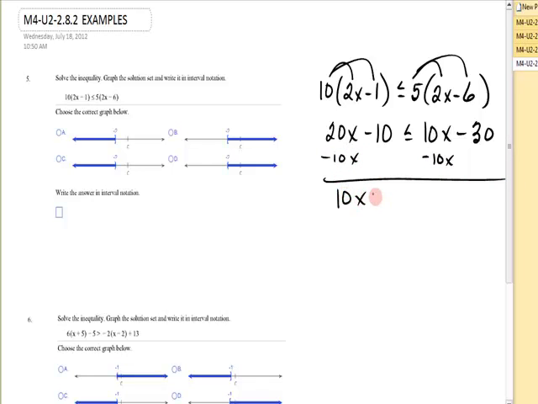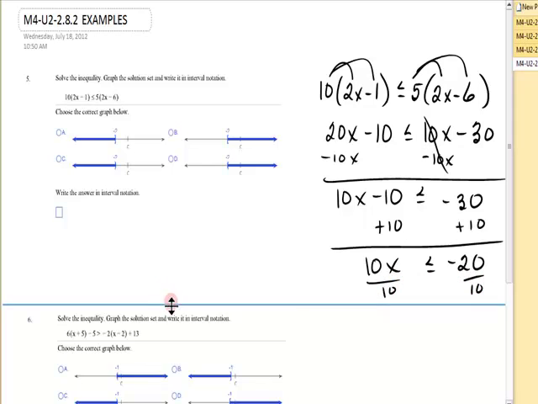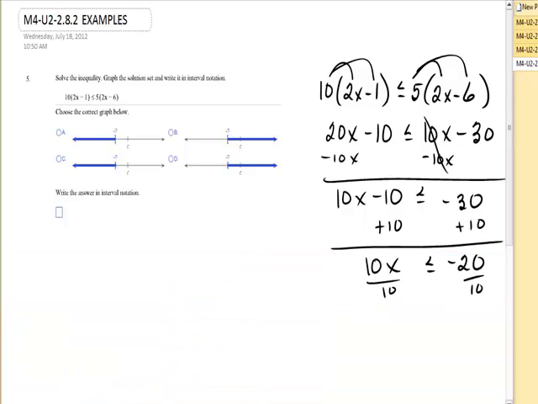That leaves me with 10x - 10 ≤ -30. Add 10 to both sides. 10x ≤ -20. Divide by 10, which is a positive number, so nothing's going to reverse. And I have x ≤ -2.